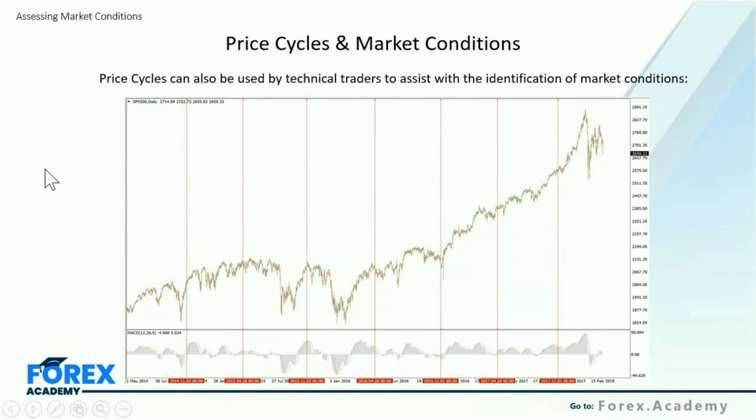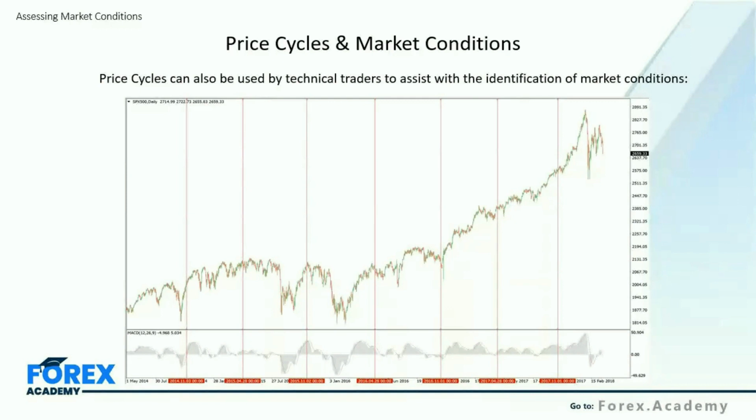And you can use price cycles, and it's a well-known price cycle with regards to the S&P. Now, there's a couple of caveats to this because this is a more recent chart. There's been a number of developments within markets like the S&P 500, which has changed what used to be a little bit more reliable price cycles.